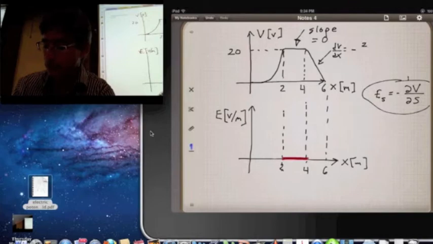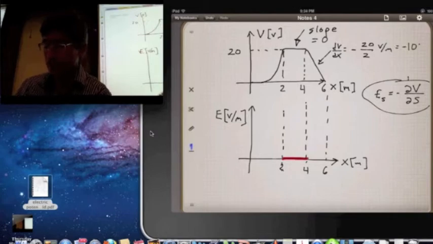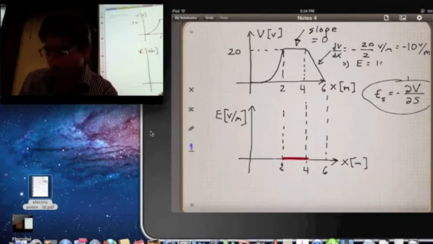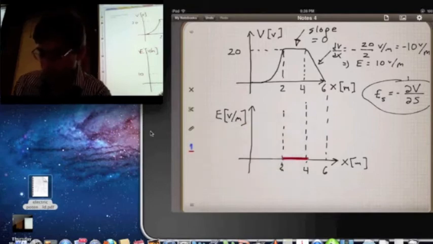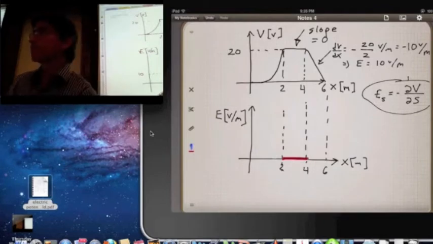Minus 10 volts per meter. So if dV dx is minus 10 volts per meter, then the electric field between 4 and 6 is going to be 10, right? So that will be 10 right here. And it is constant because the slope is not changing.